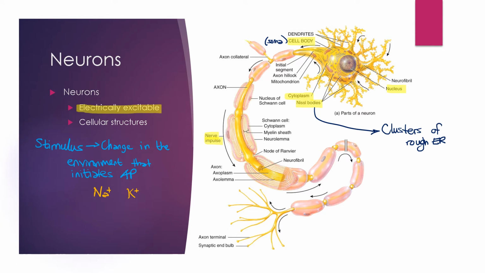Now, the cytoskeleton includes neural fibrils as well as microtubules. Neural fibrils are composed of bundles of intermediate filaments, and they help to provide the cell shape and support. So we'll add this in here.